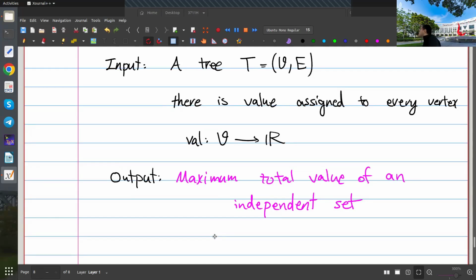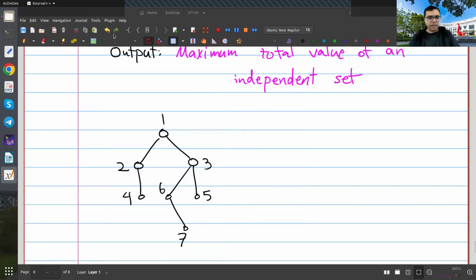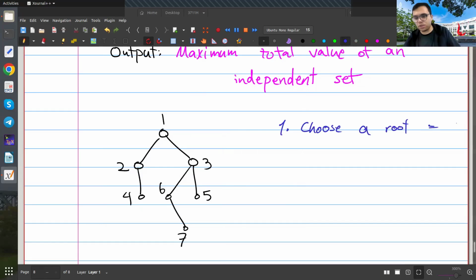I didn't say that this tree has a particular root. But you can always just choose one of the vertices as root yourself, right? And then you can just do a DFS from that vertex, figure out who's the child, who's the parent, and so on. So I can just assume that I have a root. That's my first step. Choose a root. And in this case, I'm just going to choose vertex 1 as my root.